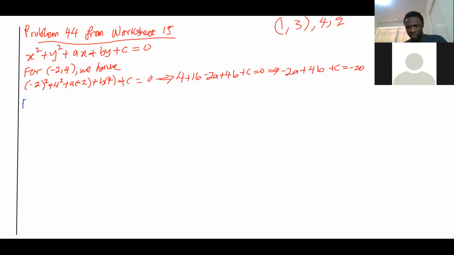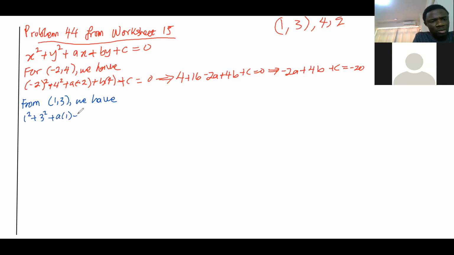Okay, so let's look at the second equation from (1, 3). We have the following: 1 squared plus 3 squared plus a times 1 plus b times 3 plus c equals 0.